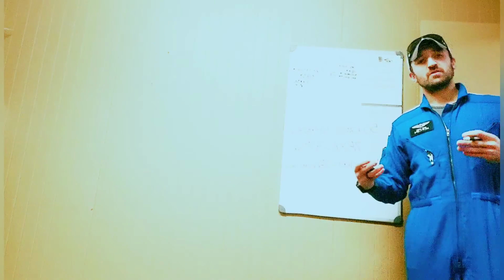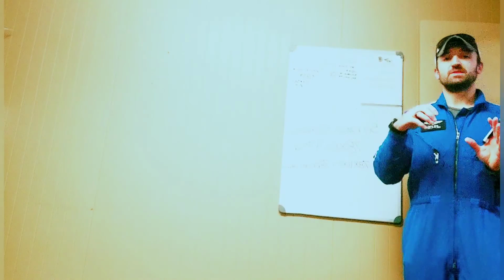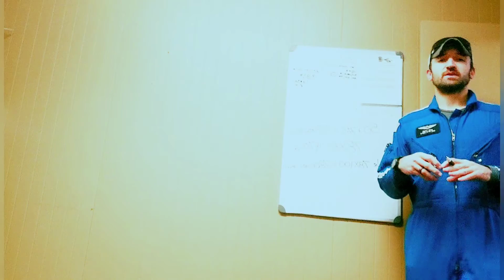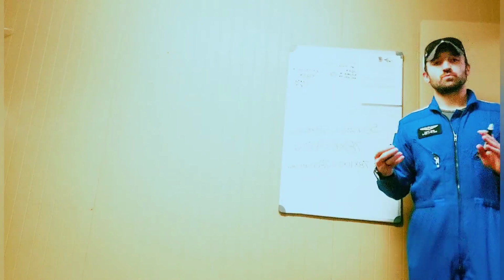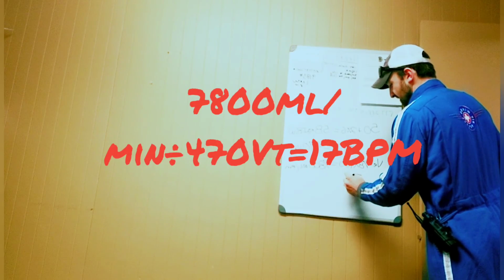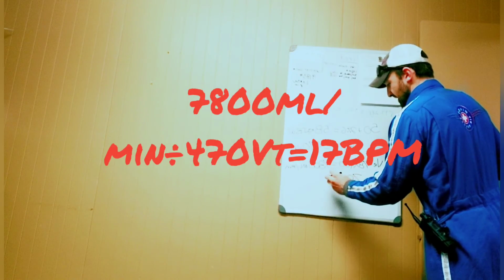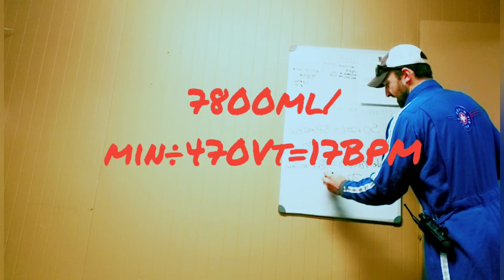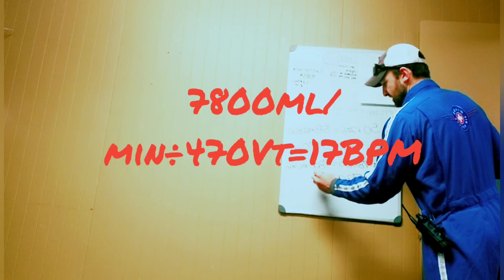So now that we've got the minute volume, and we know the tidal volume, we want to figure out what our patient's respiratory rate is going to be. We'll take that 7,800 and divide that by 470.